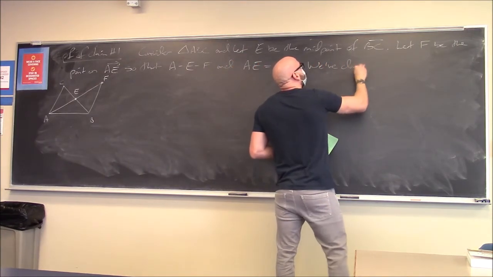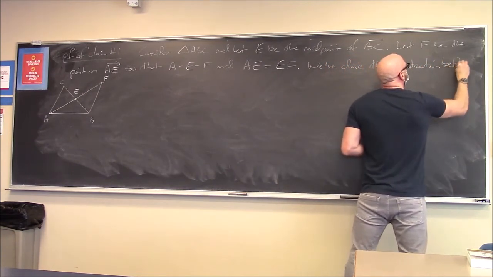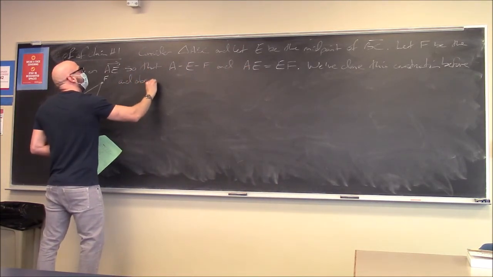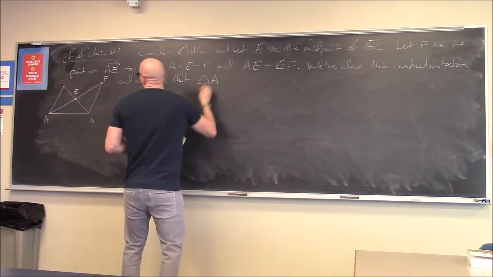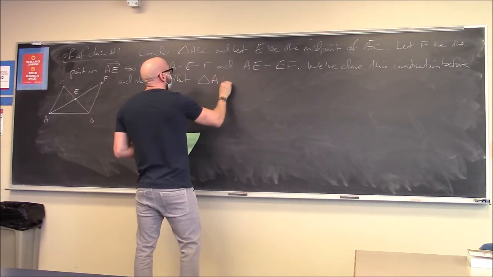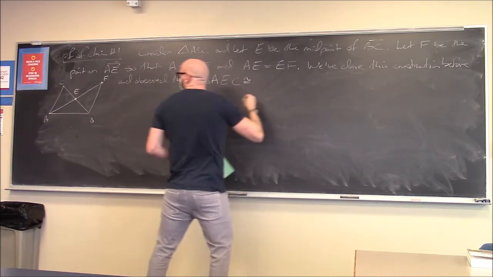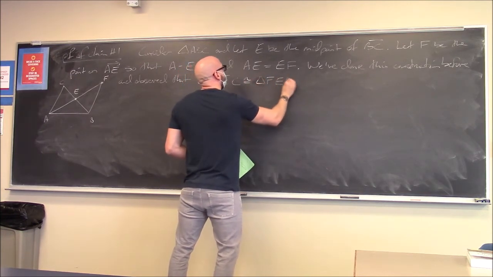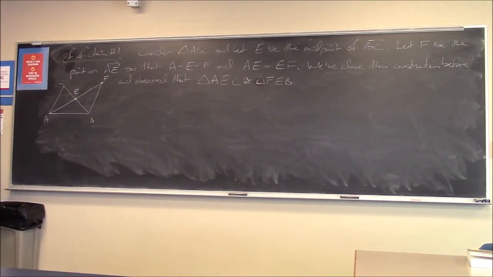So we've done this construction before, and observed that triangle ABC is congruent to triangle FEB. Is that the right way around? Yes. All right, so these two sort of butterfly-shaped triangles are congruent to each other.